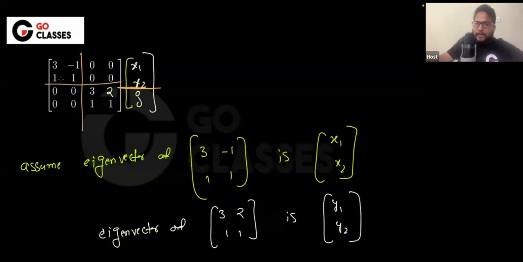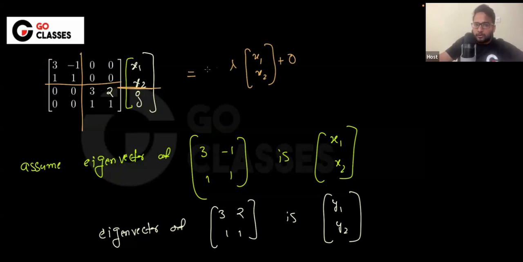Then this will get multiplied. This particular block will get multiplied with this, right? And 0, 0 anyway will give 0, 0, right? So what is the answer? This will get multiplied with this. So this matrix is getting multiplied with its own eigenvector, isn't it? So it will be lambda into x1, x2, plus 0, right? And this will get multiplied with this, which is 0. This will get multiplied with this, which is 0, right?